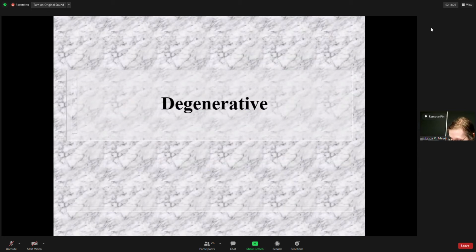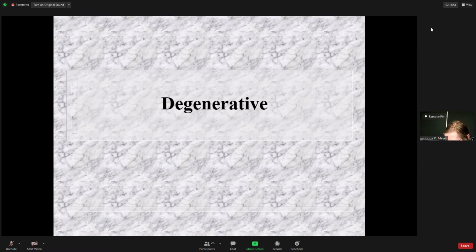Okay, let's look at degenerative diseases. These are diseases that are discussed more commonly in a systemic pathology kind of course. But just to understand what this is, if you look at the definition, it's related to the deterioration of tissues, organs, or body parts.